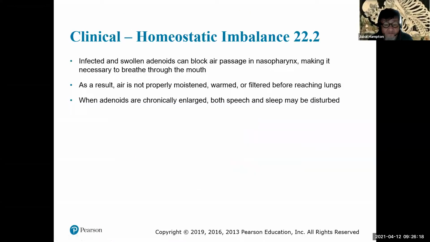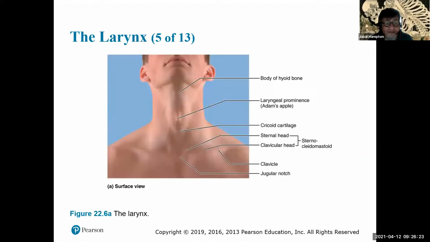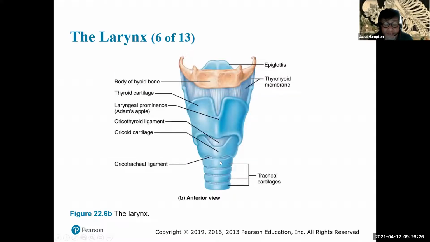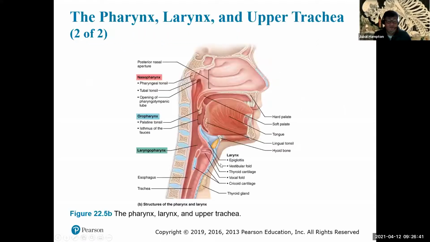The rings of the trachea are C-shaped, like the letter C. And the reason they're C-shaped is for compressibility. It compresses because it has to. Why? Well, when you're swallowing food, as it passes through the esophagus, it's going to push open the esophagus.